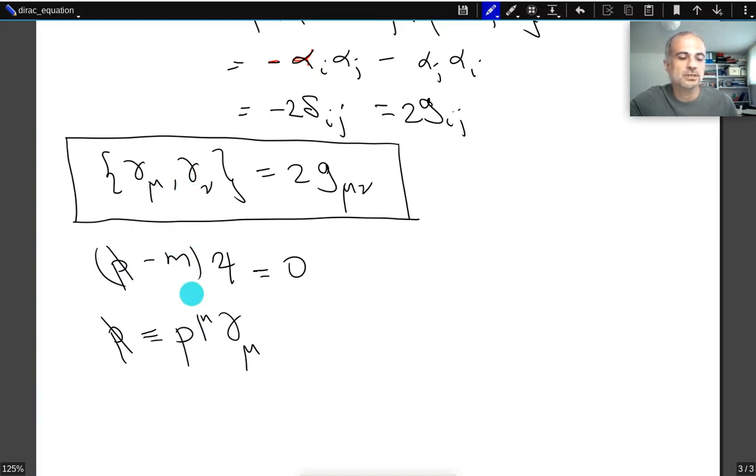So this is our Dirac equation, where the gamma matrices are matrices that satisfy this relation, and p-slash is defined as the contraction of the 4-vector p and γ.